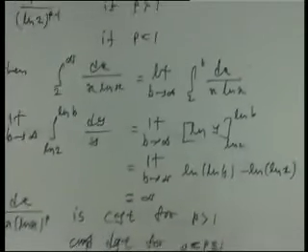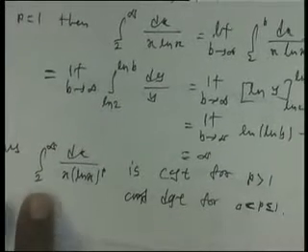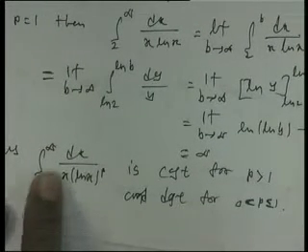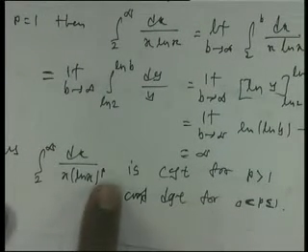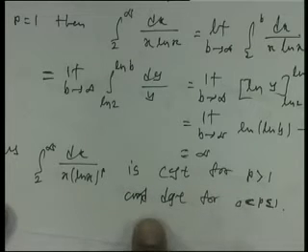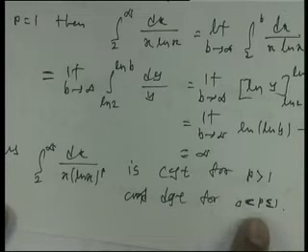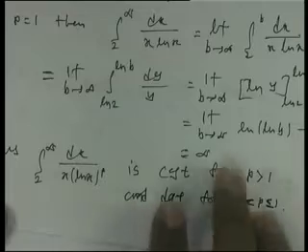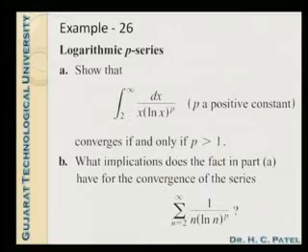So finally, the integration from 2 to infinity dx upon x log x raised to p is convergent for p greater than 1 and divergent for 0 less than p less than or equal to 1. Slide please. So in the first case, we have proved that the integral converges if and only if p is greater than 1.